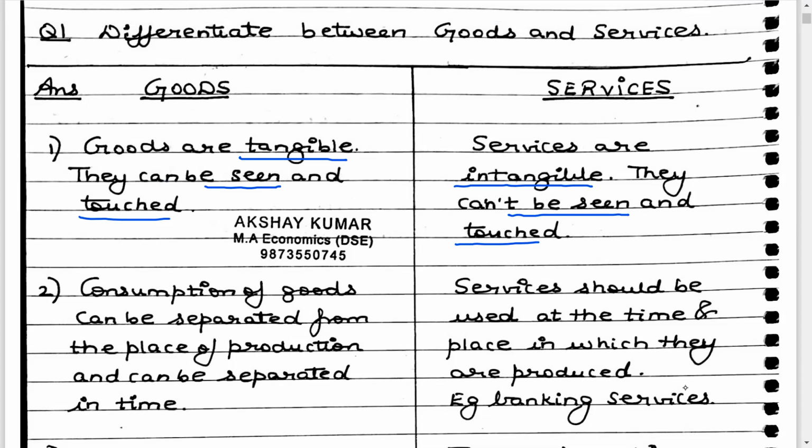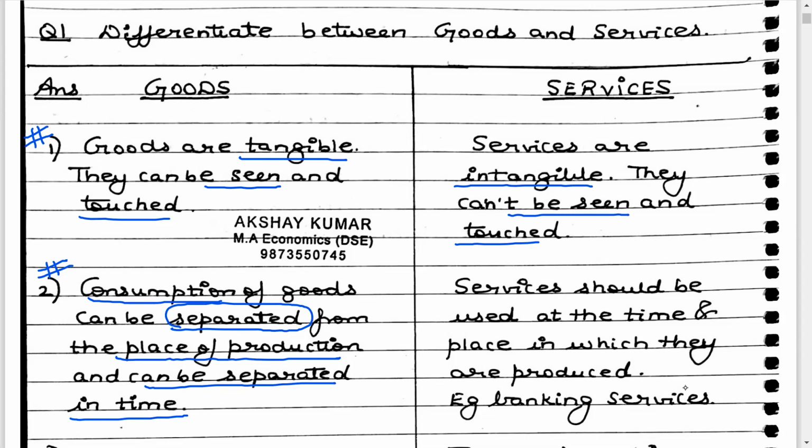Let's look at the second difference. This was the first difference. Let's look at the second difference. Consumption of goods can be separated from the place of production and can be separated in time. Now, what does this mean? This means it is not necessary for the place of production and consumption to be the same in the case of goods.